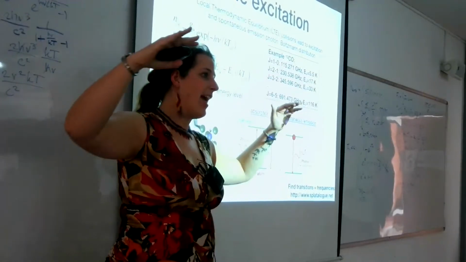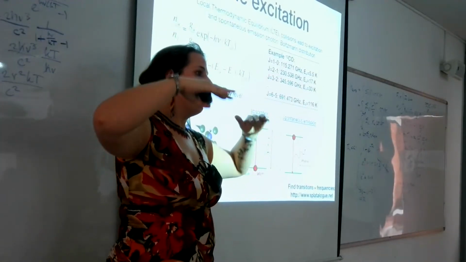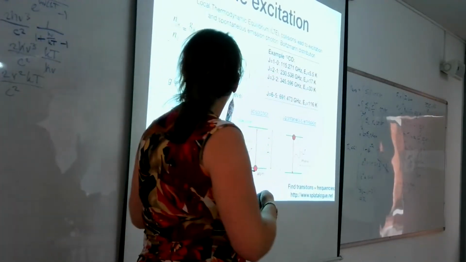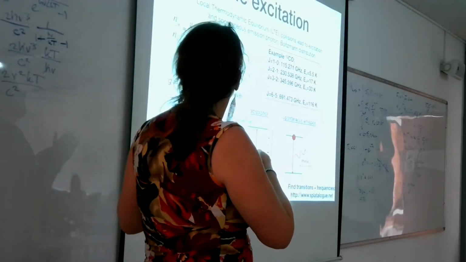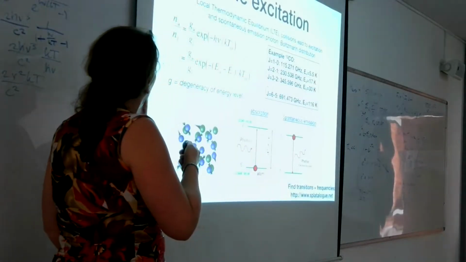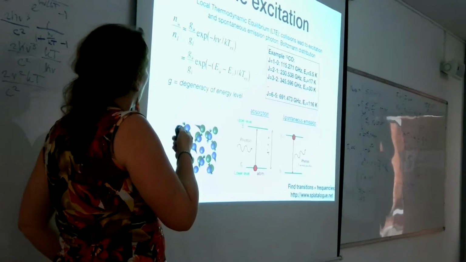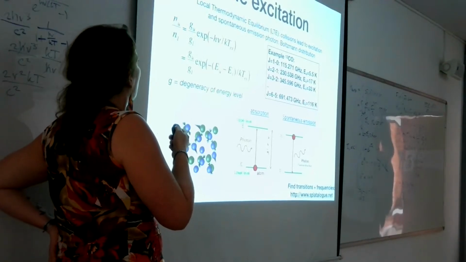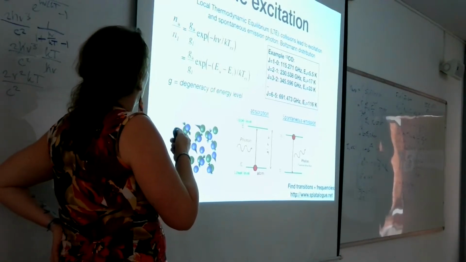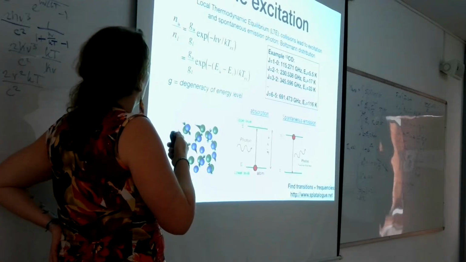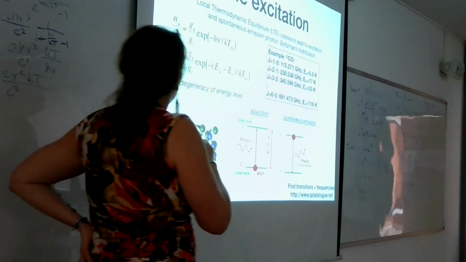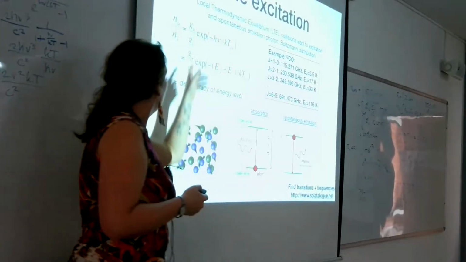And in LTE conditions, the distribution of the populated energy levels, remember molecules have different energy levels, is described by the Boltzmann distribution, which is shown over here. So it's the density of the population in the upper energy level divided by the lower energy level, described by g, which is g_u and g_l.